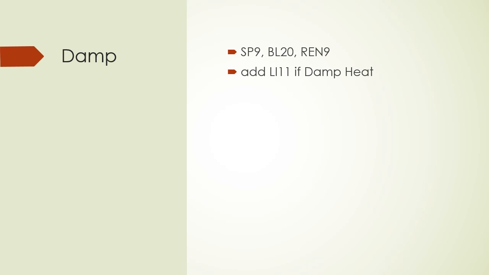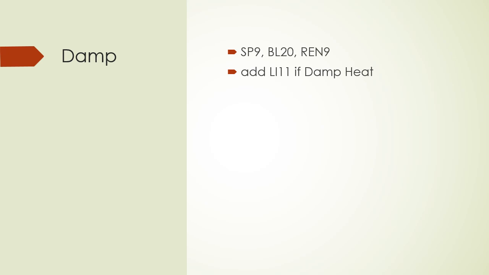Dampness typically involves the spleen, and so we will see spleen points like spleen 9, which is the He-sea point and water point. Spleen 9 is probably the most commonly indicated point for damp conditions. Also, bladder 20, which is the back shu point for the spleen. And then commonly you will see points like Ren 9.